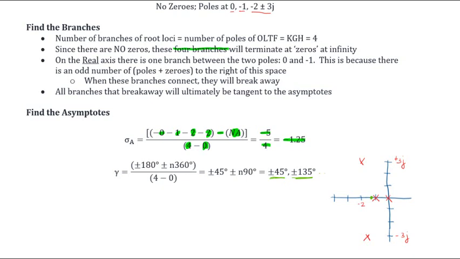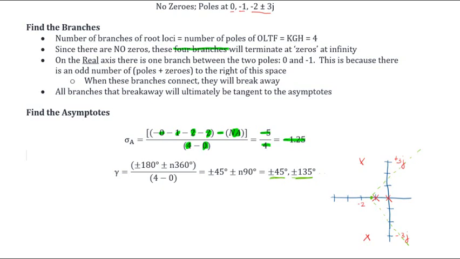So we can write the asymptotes in now. They're 45 degrees, so there's going to be an asymptote up like that, an asymptote down like that. That's the plus or minus 45.